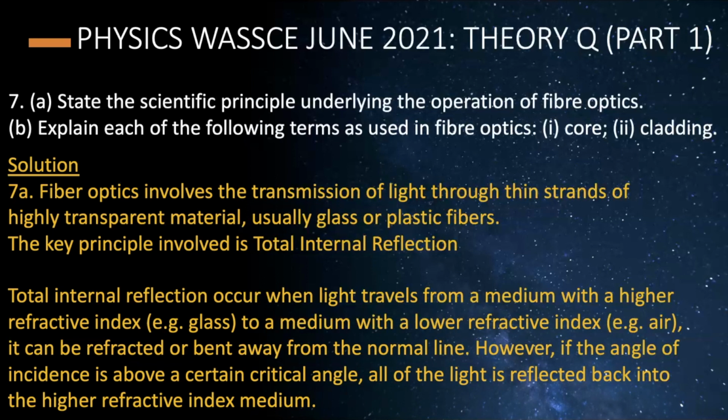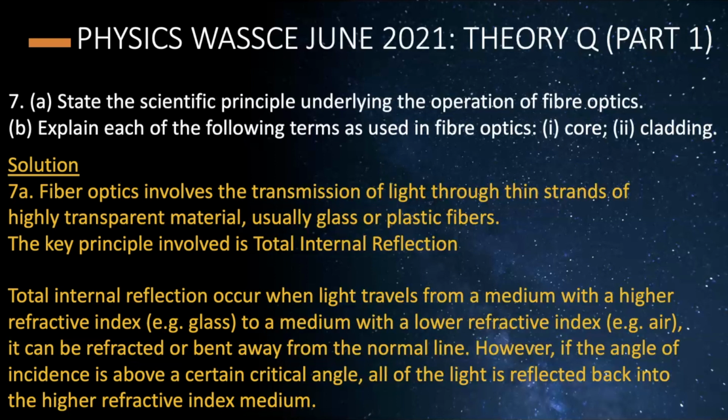So, getting to it, the first question: state the scientific principle underlying the operation of fiber optics. I would say that it's important you know what fiber optics does, what is required, how does it even work, because that's where you can get the answer to this question. So, fiber optics, in a simple way, involves transmission of light through thin strands of highly transparent material.